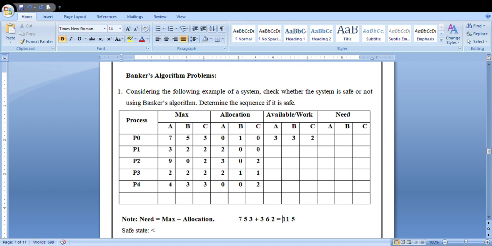You are not going to carry forward any of the digits or values. So value of B is 11, value of A is 10. You have to write it as it is. You are not doing your normal addition operation where you carry the value and add it to the next numbers. No, it won't work like that. Here you have to perform the addition operation in such a manner.